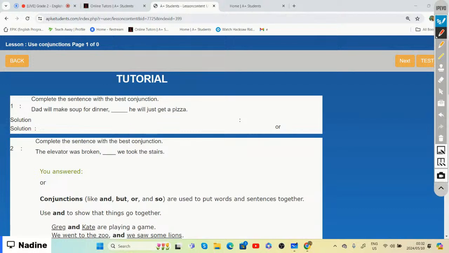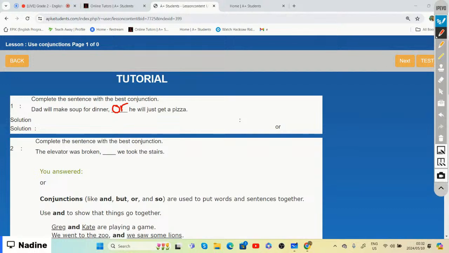All right. So if we choose the correct or the best conjunction to complete the sentence, we're going to say, Dad will make soup for dinner, or he will get a pizza. It's like Dad asking us, what would you like for dinner? Either I can cook up a pot of soup, or we can just get takeout and have pizza.